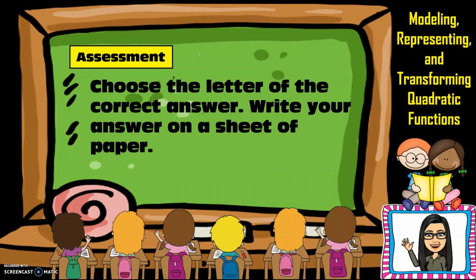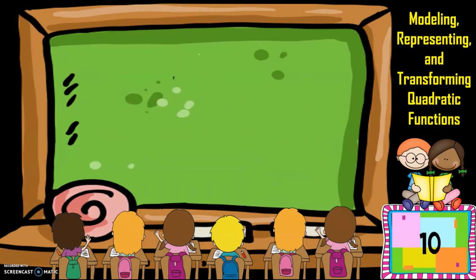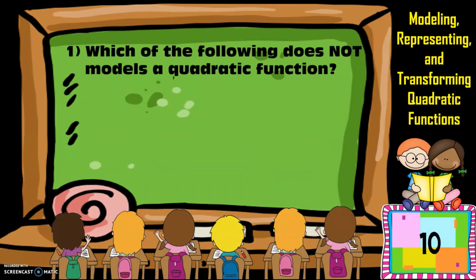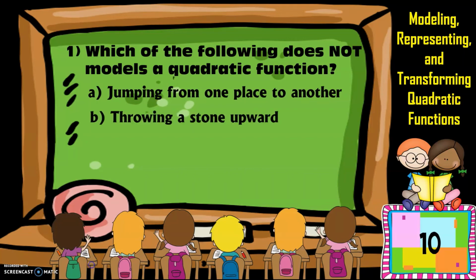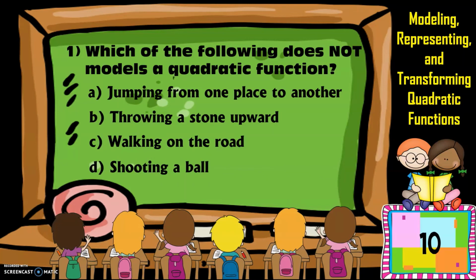I will give you 10 seconds for each question. Let's go! For number 1, which of the following does not model a quadratic function? A. Jumping from one place to another. B. Throwing a stone upward. C. Walking on the road. Or letter D. Shooting a ball. Your timer starts now.